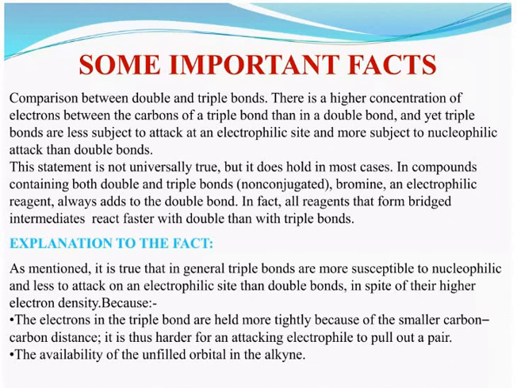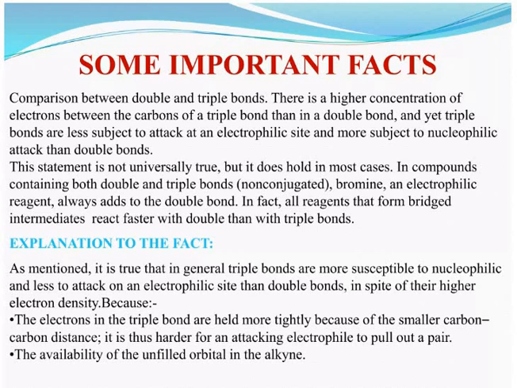Now, what is the explanation? The explanation of this fact: it is true that in general triple bonds are more susceptible to nucleophilic and less to electrophilic attack than double bonds, in spite of their higher electron density, because the electrons in the triple bond are held more tightly because of the smaller carbon-carbon distance.